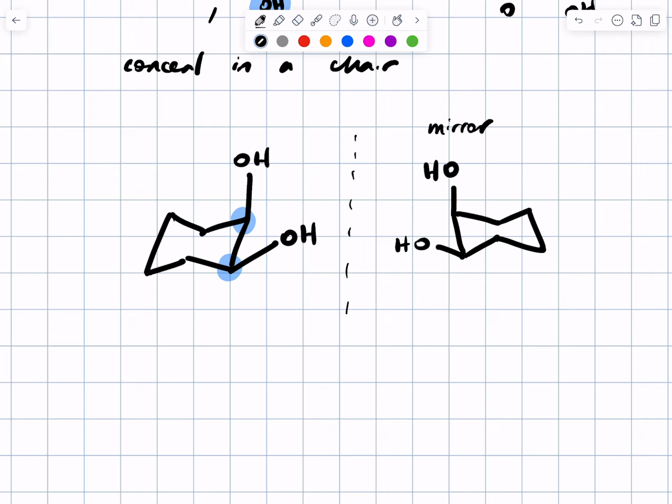It sort of looks like if I put an axis down the middle of the 6-membered ring and twisted it around, I probably couldn't line them up because then this OH is going to swing around in here and be axial, and this OH is going to swing around here and be equatorial. In other words, if you tried to play with it for a while, it might be difficult for you to see how they could possibly be the same molecule.